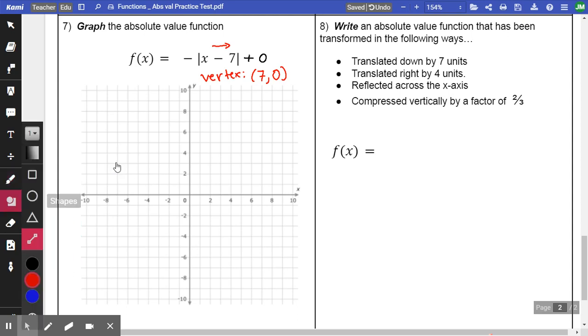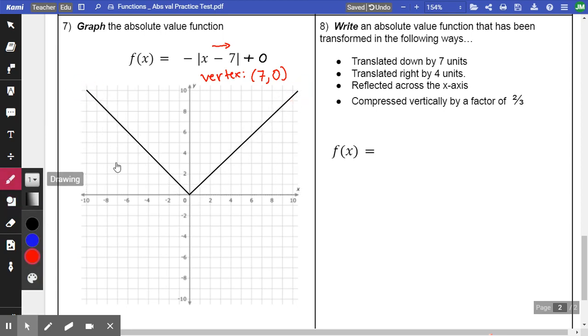All right, so let's graph the parent function like that with the slope of 1/1. And my vertex is at 7, 0 right there. Let's draw the axis of symmetry through the vertex.